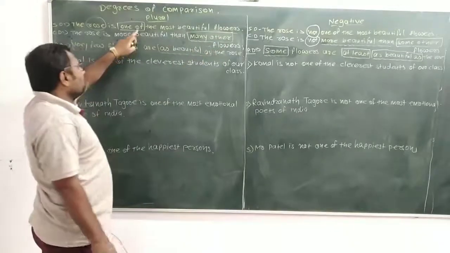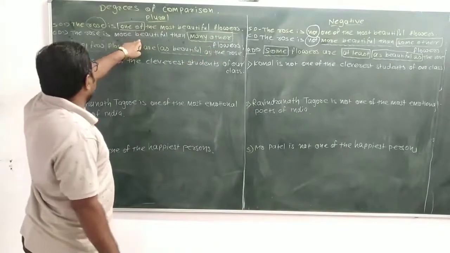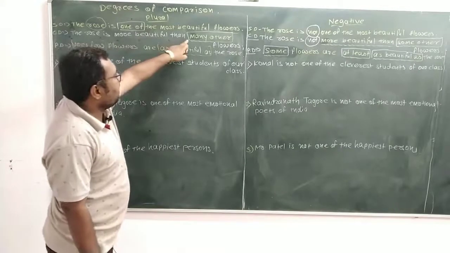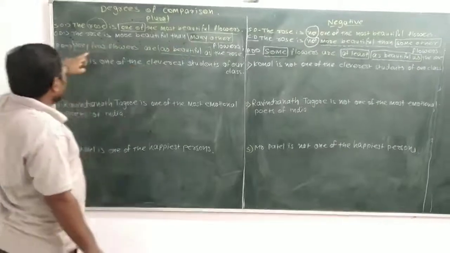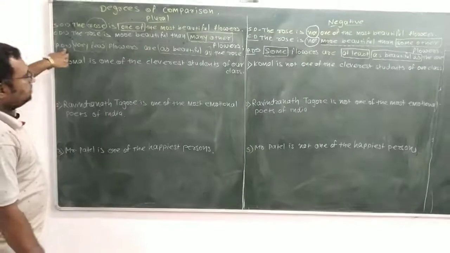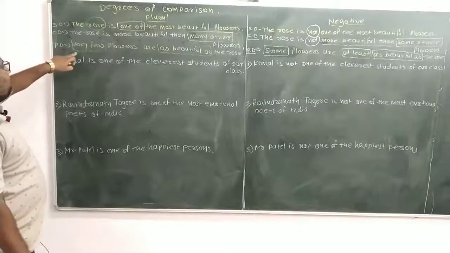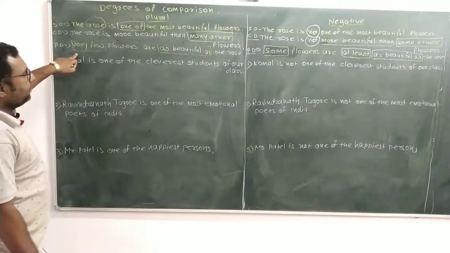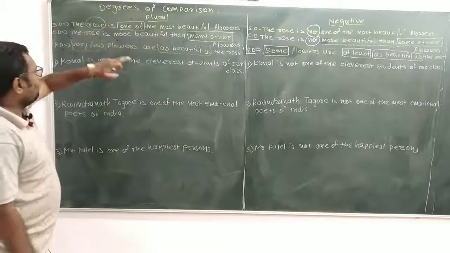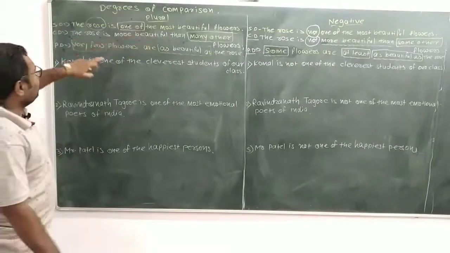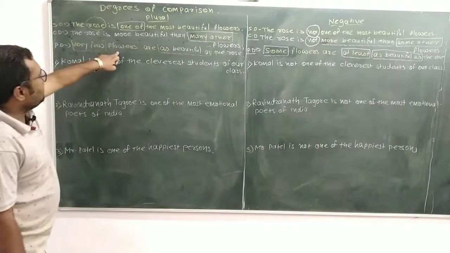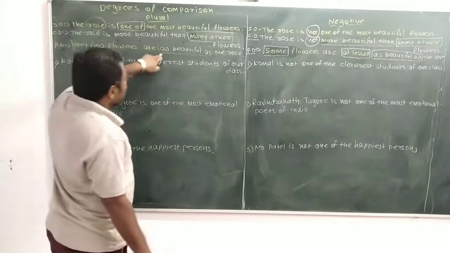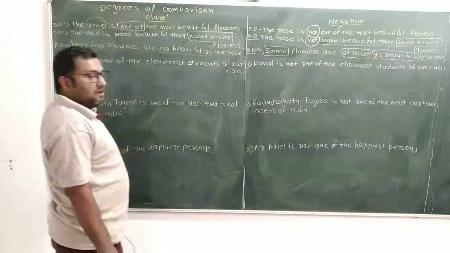When we use one of the, and convert it into comparative degree, you can write many other. The same for positive degree: before we start the positive degree, we add very few, and after that a plural noun. So very few flowers are as beautiful as the rose.